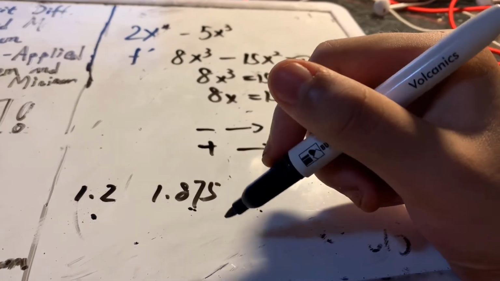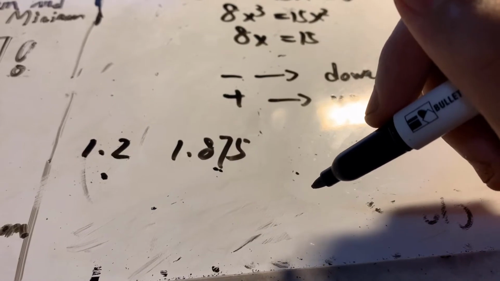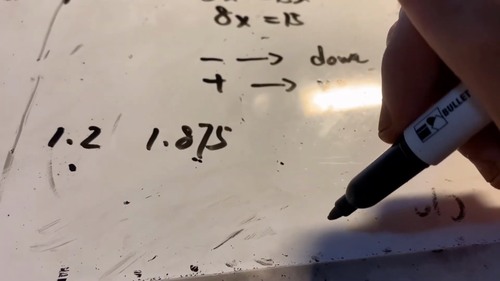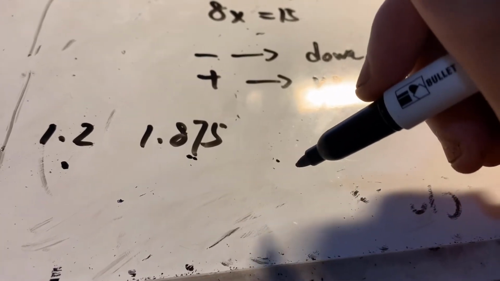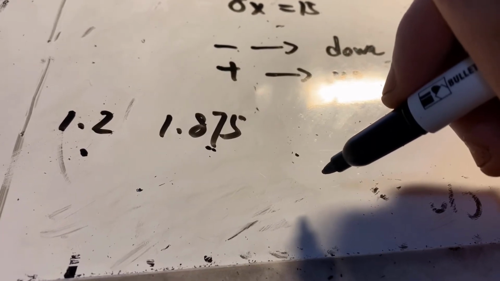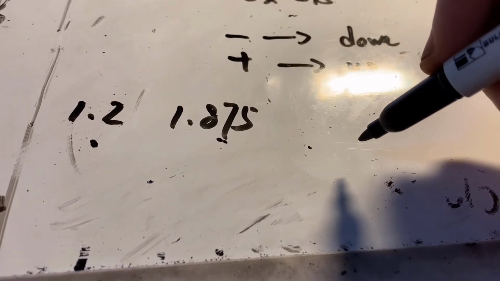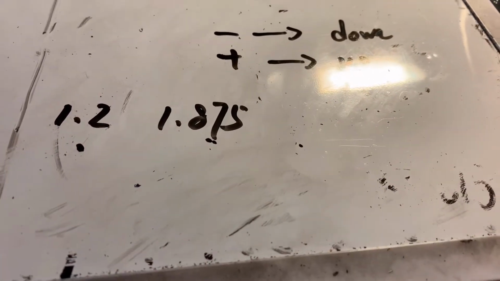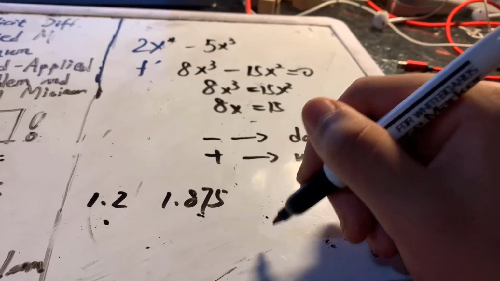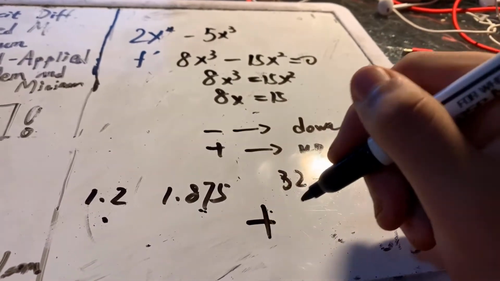Okay, so we take the original function and we are able to get the result. We try 2, where 32 minus 30 is 2, so it's positive.